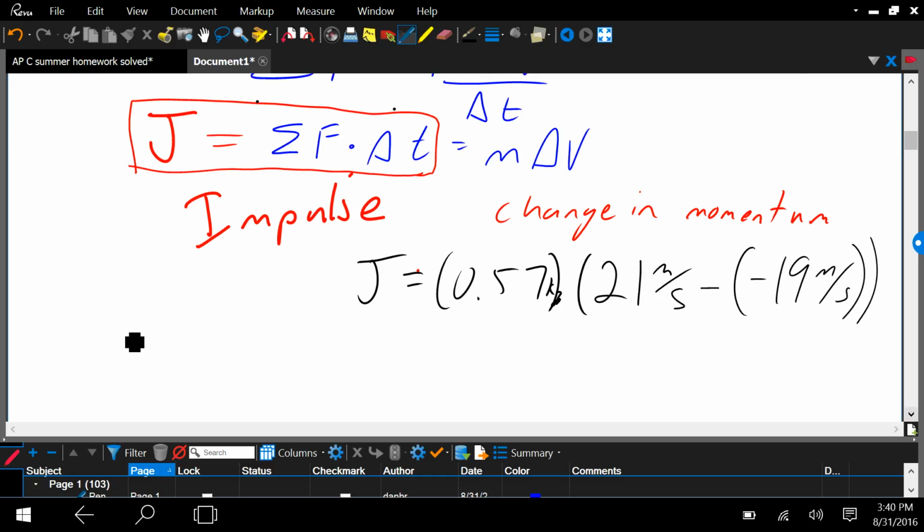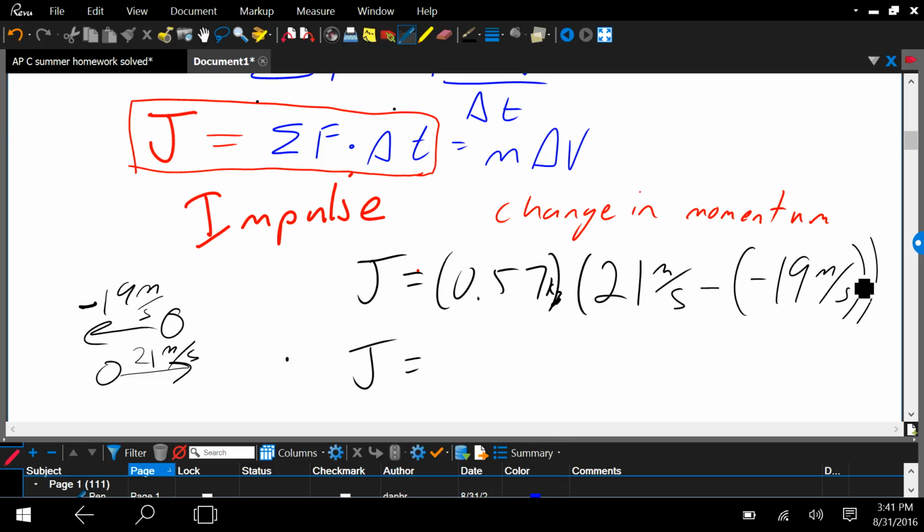If the baseball comes in one direction at 19 and then is leaving the other direction even faster at 21 meters per second, then these two arrows point opposite directions, left and right. One of them is going to have a negative sign. It's arbitrary which one I chose to be negative. I just chose the minus 19 to be negative, so I'd have a positive answer in the end.